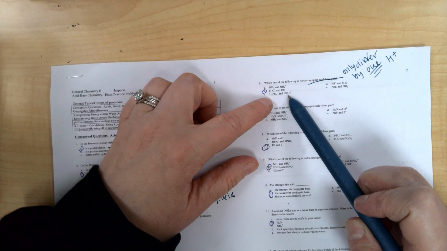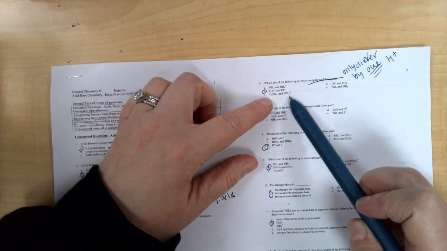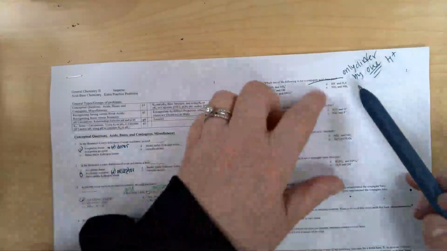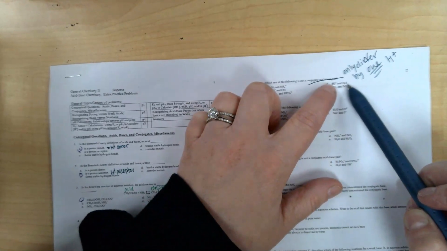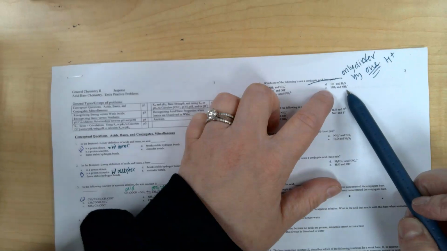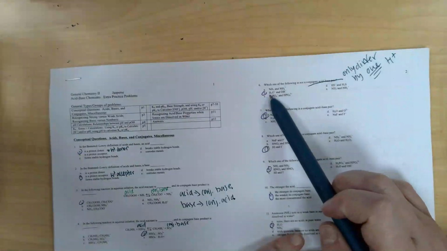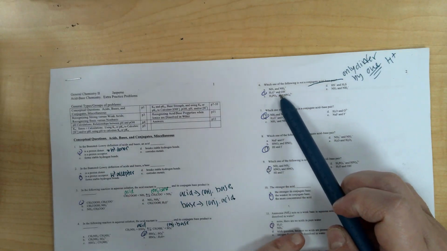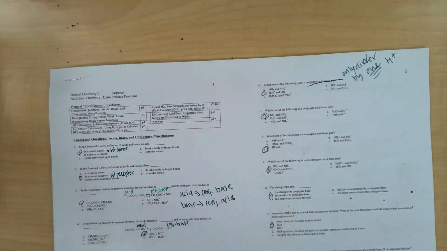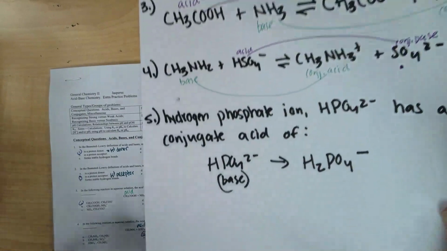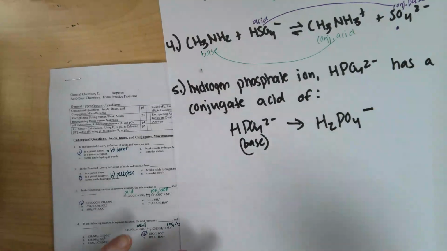This one lost an H plus, so that one qualifies as well. This one up here gained an H plus, so that qualifies. This one lost an H plus, so it qualifies. The only one that doesn't qualify is H3O plus to OH minus. Why? Because again, they can only differ by 1 H plus.